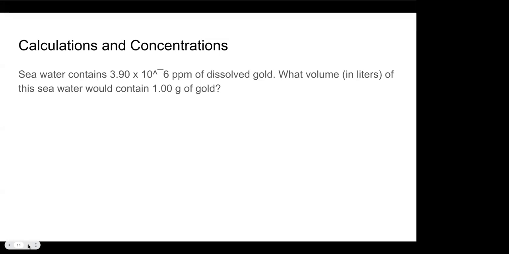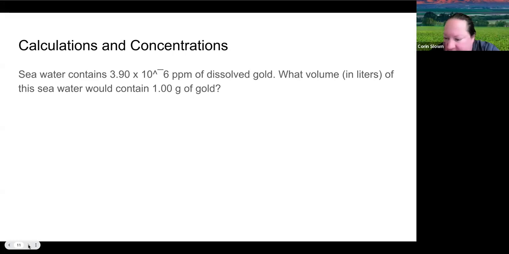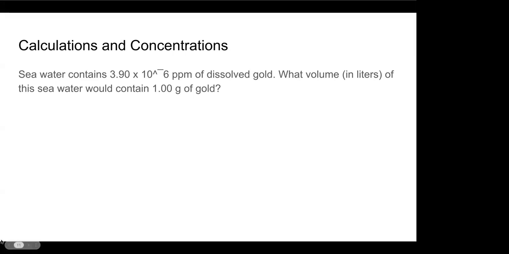Is the 3.9 times 10 to the negative 6 in the unit of parts per million? Correct. Okay, so it's like parts per million.